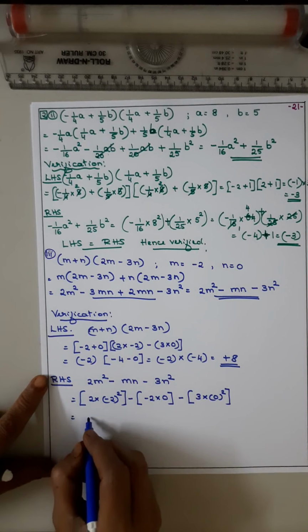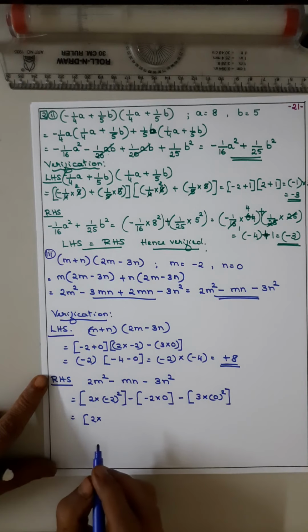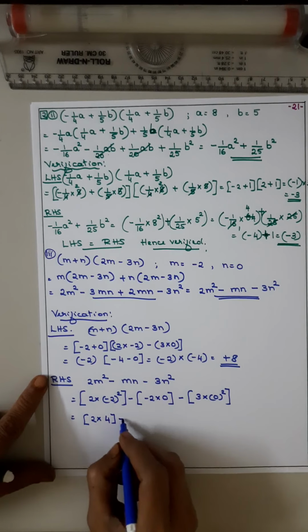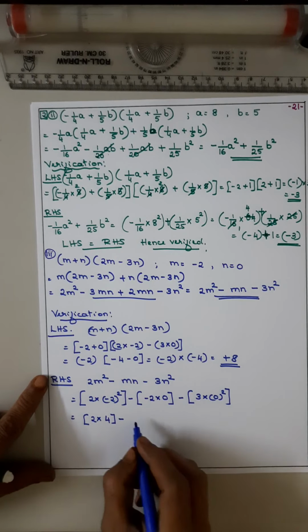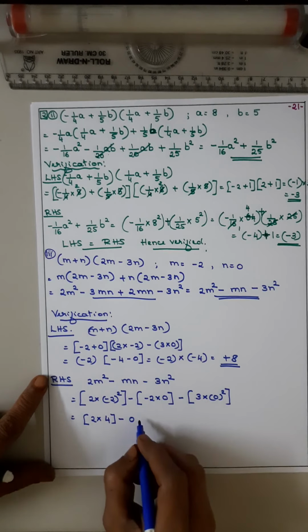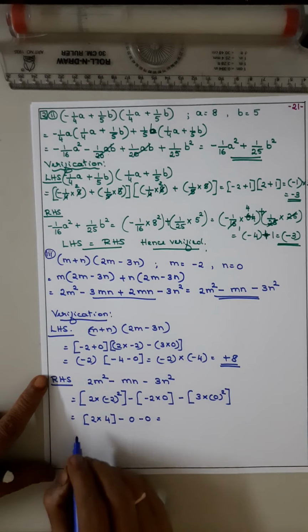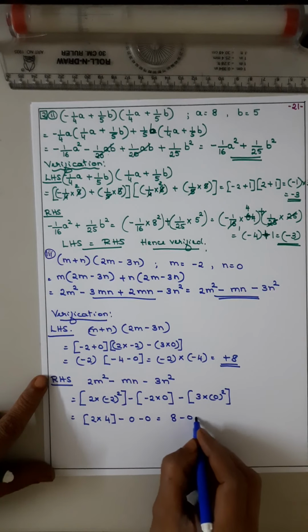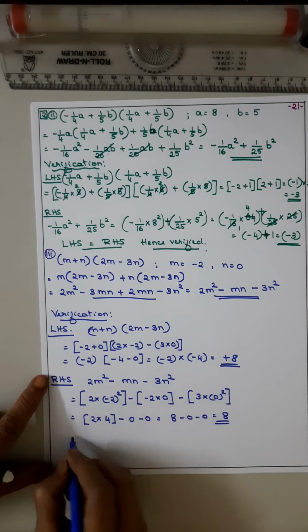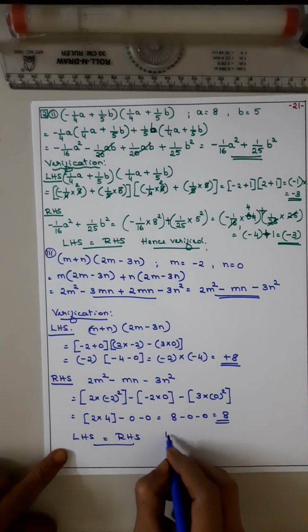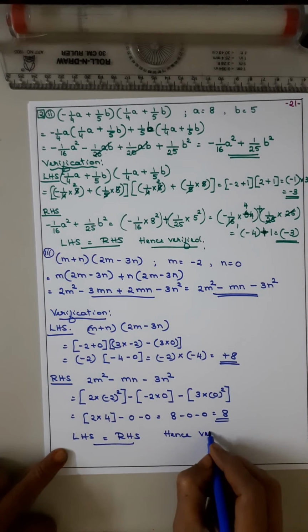Now it is bracket 2 into minus 2 square. माइनस का स्क्वायर पॉजिटिव बनता है. 2 2s are 4. Now minus 2 into minus 2 into 0, 0. 3 into 0 squared. 0 squared is 0. Again it is 0. 2 4s are 8. Minus 0, 0. है ना? Is equal to 8. So LHS is equal to RHS. Hence verify.